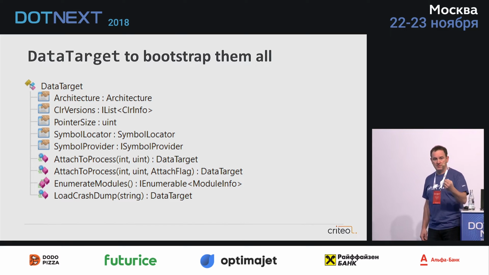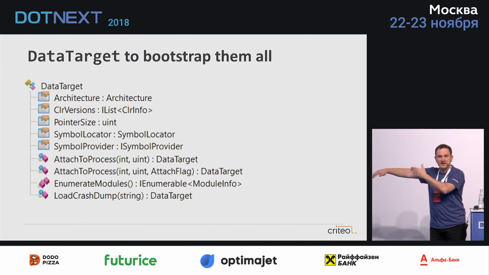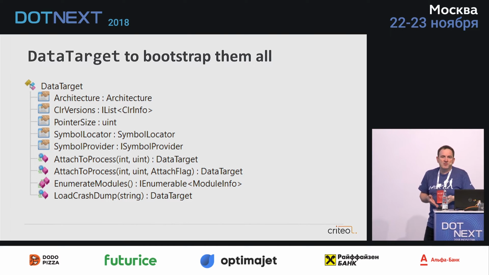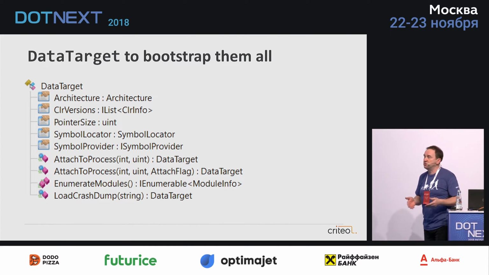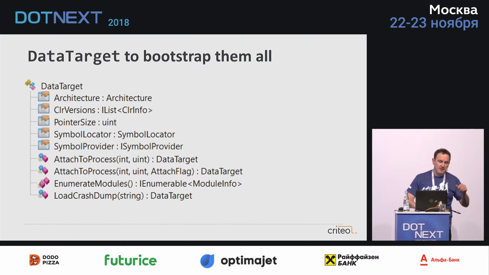One version 1 and 1.1 for the old plugins, and one starting from 2 up to where we are now. So that's why we have a list of CLR info, but in our days, we usually don't have to support this kind of scenario. So you take the first one in the list, and you get the CLR info.